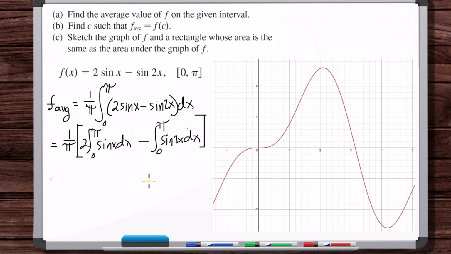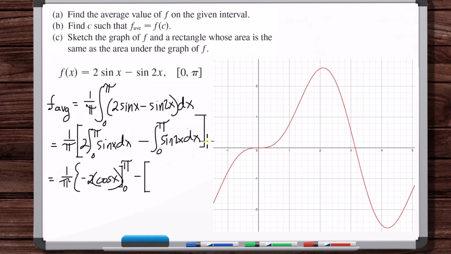Okay, so this is 1 over pi. This would be minus 2 cosine x, and then take this from 0 to pi, and then minus, so we could do a substitution here, but if we think about it, the derivative of cosine of 2x is what?